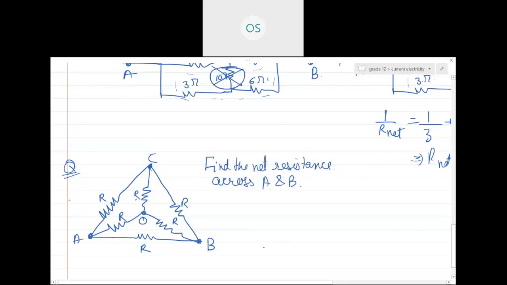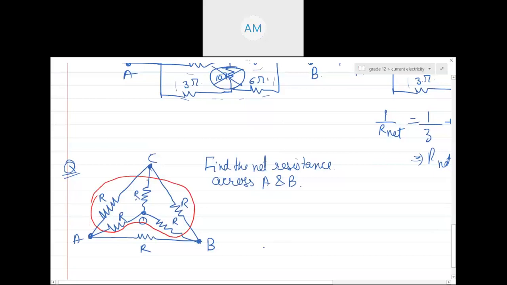Your voice is not clear. Did you take this as your Wheatstone bridge? Can you see? Yes, sir. I neglected the one in between.